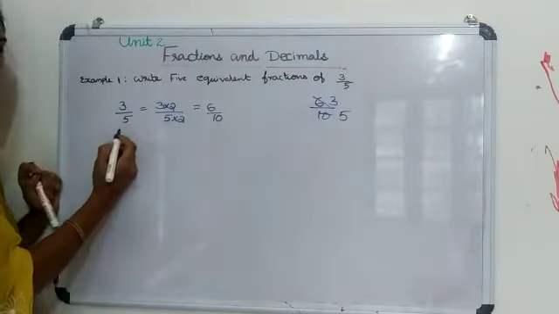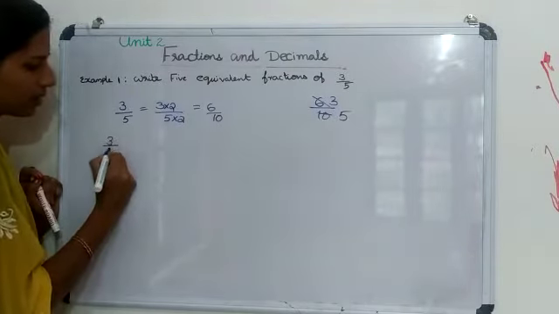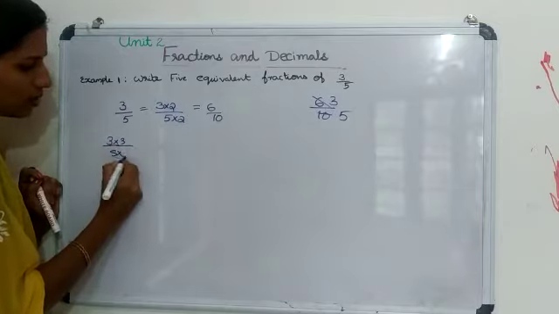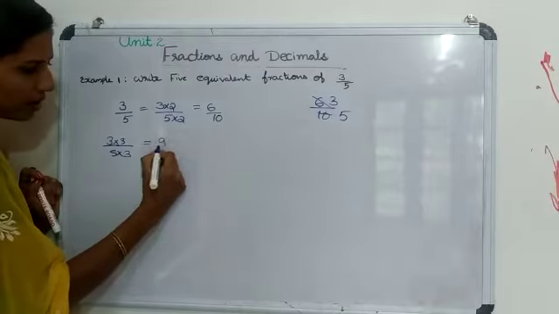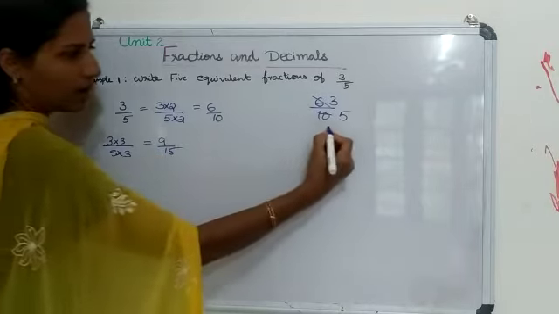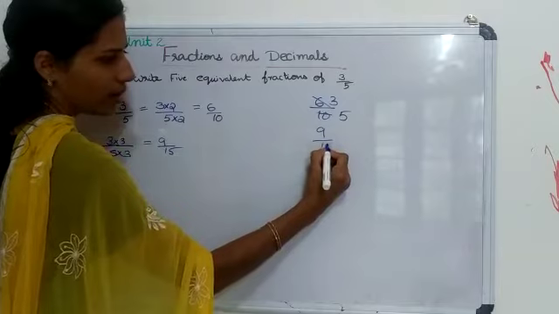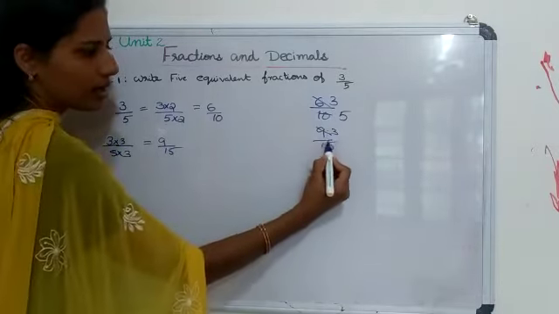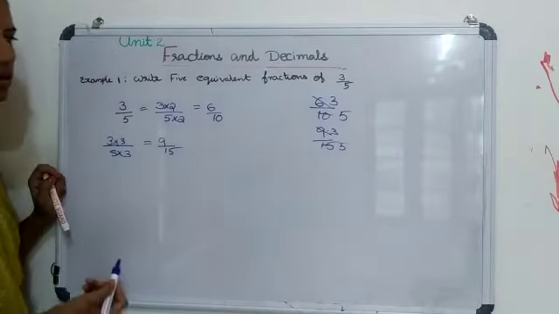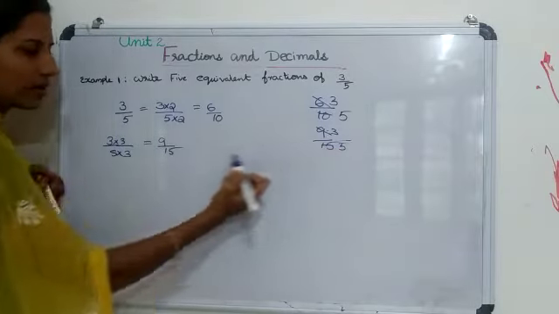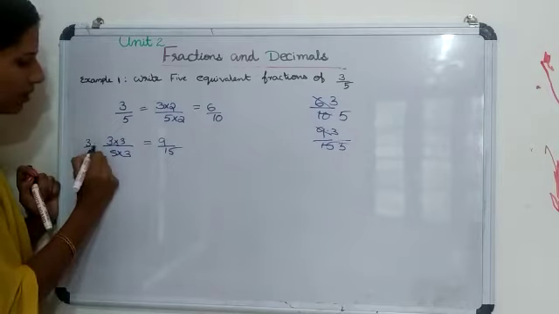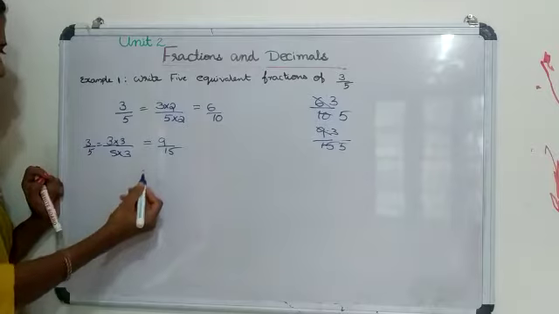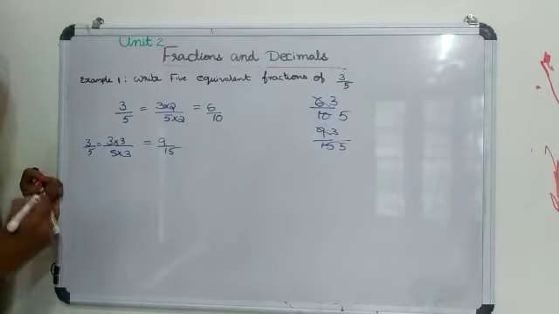Same way, 3 into 3 divided by 5 into 3, we will get 9 by 15. How can we check? When we are dividing it by 3, 3 3s are 9, 5 3s are 15. So again we get 3 by 5.